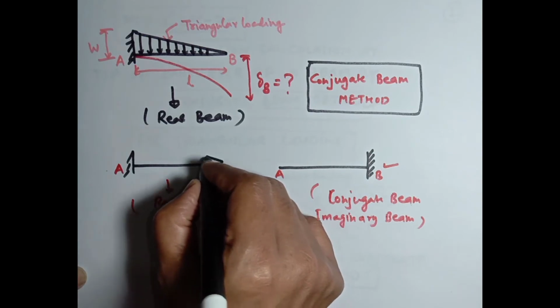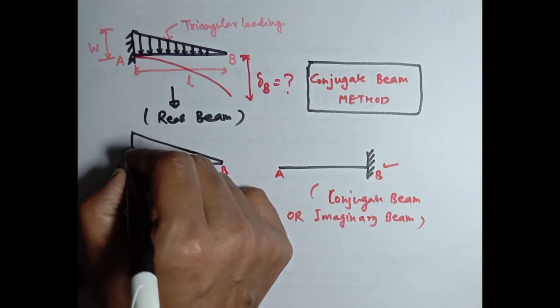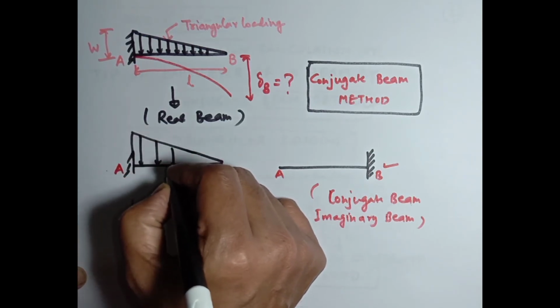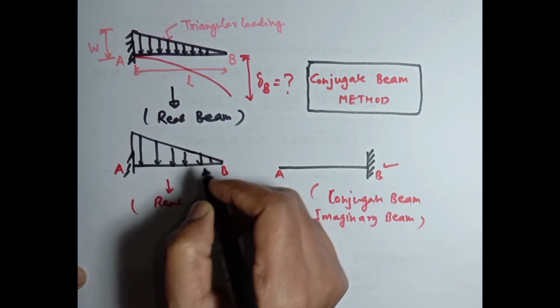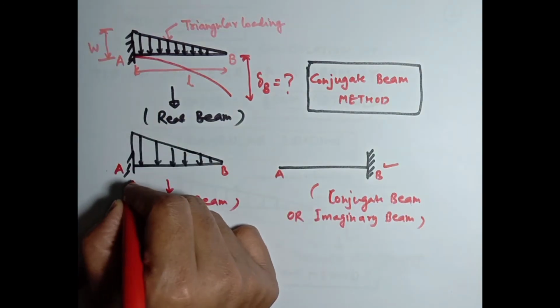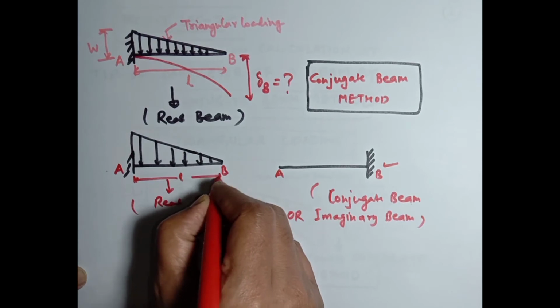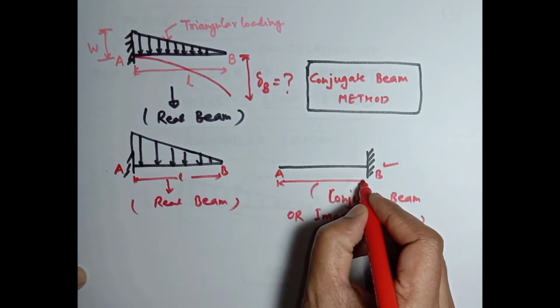The loading pattern in this conjugate beam is also triangular loading. This is the loading pattern. The length of this beam is L. Here also the length of this beam will be the same.